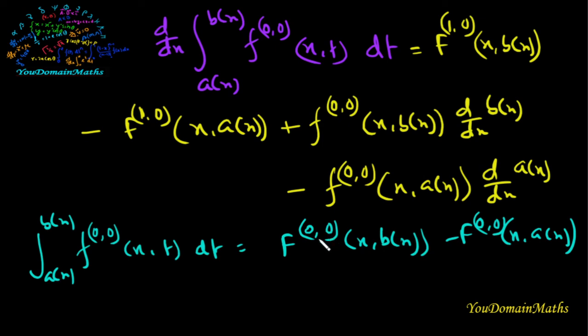Now we'll replace 0 by 1, that means (1,0) means the function f is partially differentiated with respect to x. So this is 1, this means the partial derivative of a with respect to x, so this can be changed.